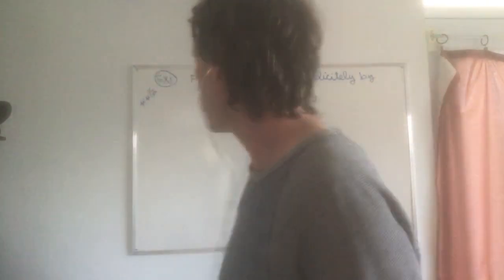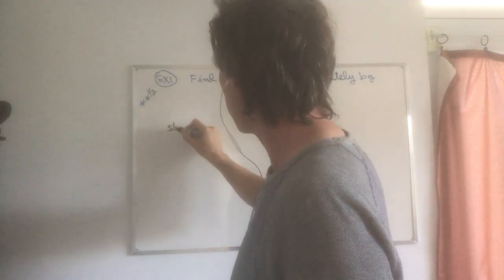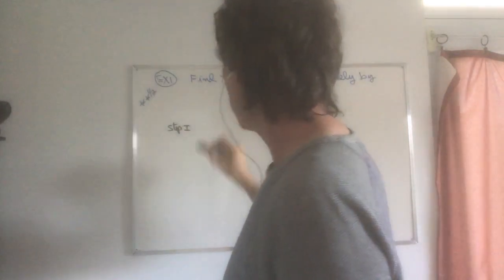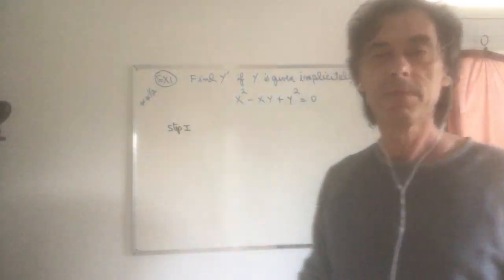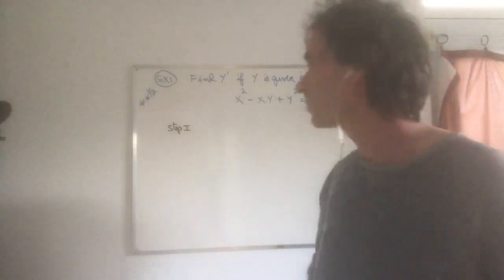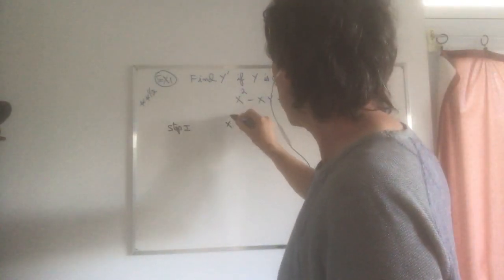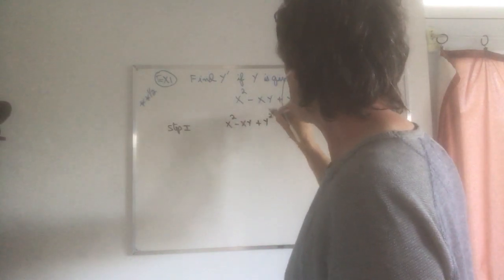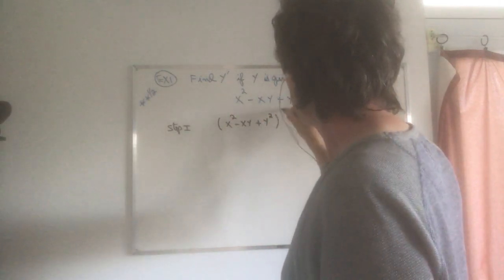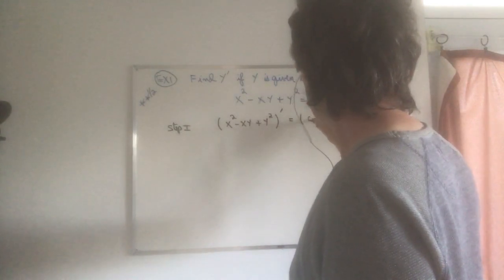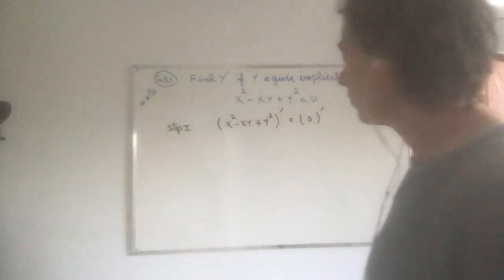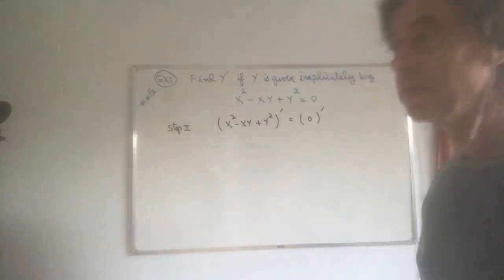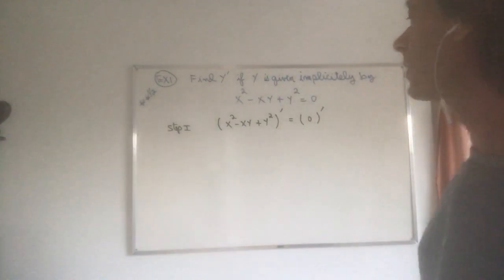All right, step 1. What was step 1? Remember? Step 1, prime both sides. So x squared minus xy plus y squared, prime, equals the derivative of the right side, which is the derivative of 0, which of course is 0.